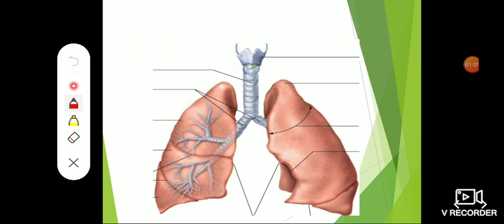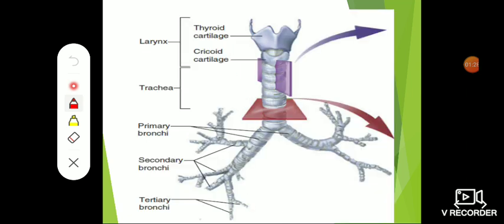Just to have an anatomical look at the respiratory system: this is our conducting zone, that is our trachea, and these are the two lungs where the main oxygen and CO2 exchange takes place. You can see this upper conducting part, or upper respiratory tract.